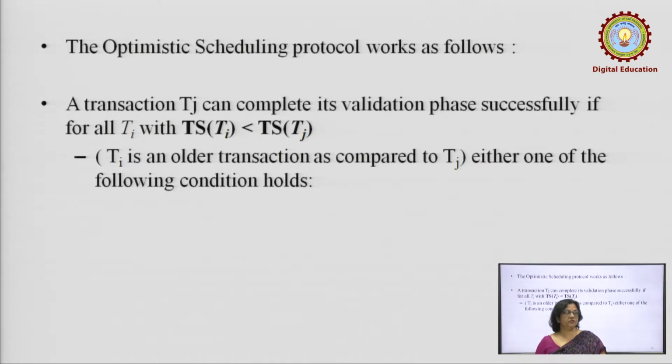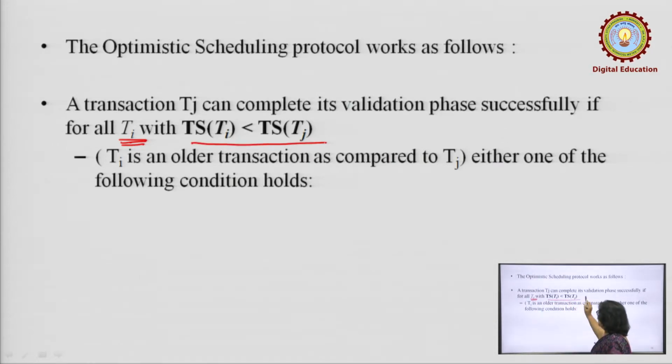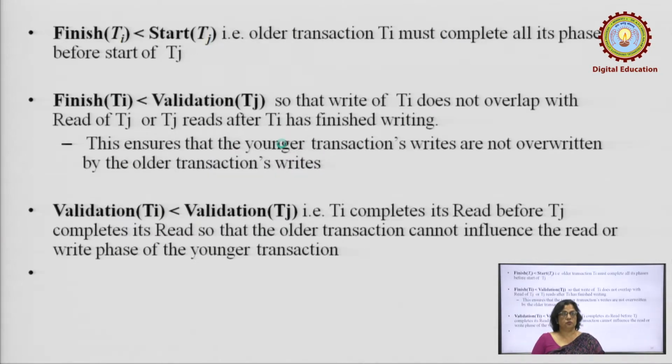The optimistic scheduling technique works as follows. Any transaction Tj can complete its validation phase successfully if, for all transactions Ti with TS(Ti) less than TS(Tj), that means all the transactions Ti which are older than the transaction Tj, one of the following conditions holds true.